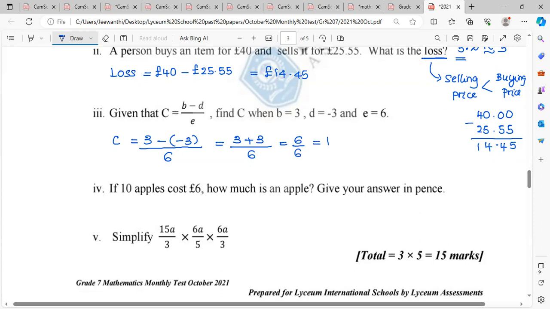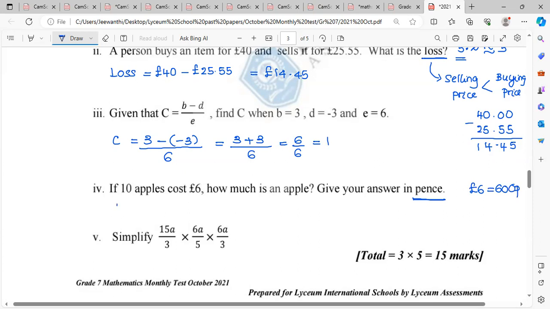Right? If 10 apples cost 6 pounds, how much is an apple? Give your answer in pence. Now, children, you want to understand one thing. When they have given this in pence, it's better to convert 6 pounds also into pence. This is easier for you to do the calculation, right? So you can write 6 pounds as 600 pence.